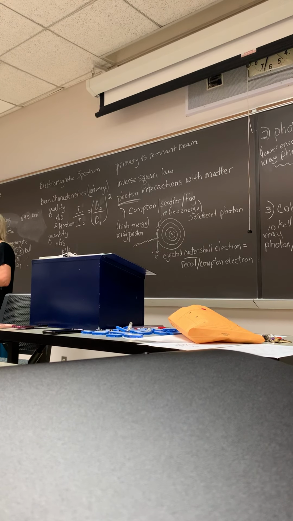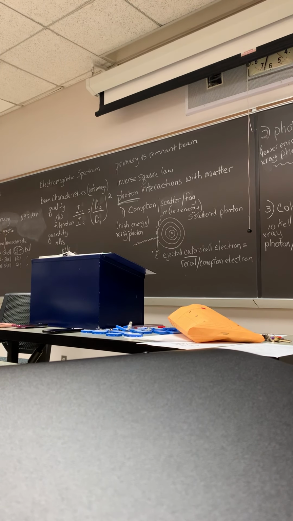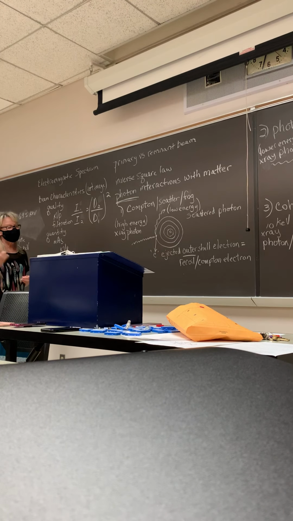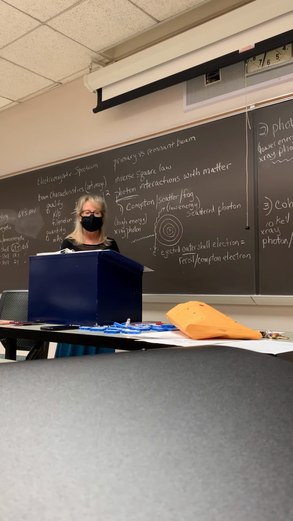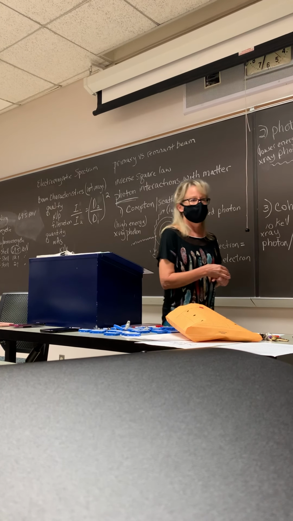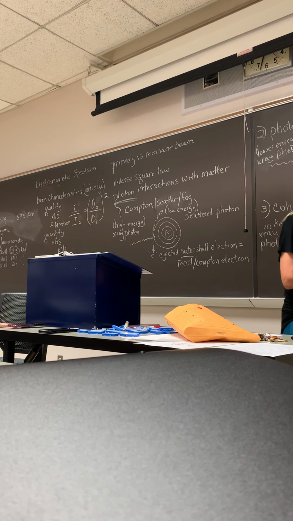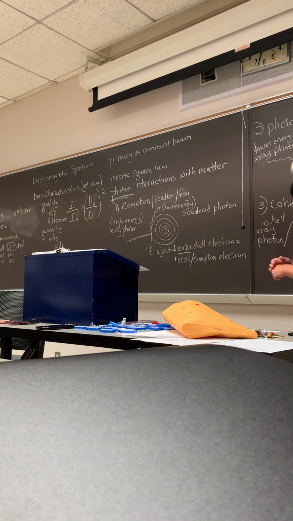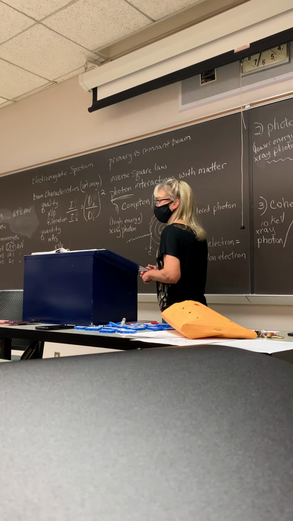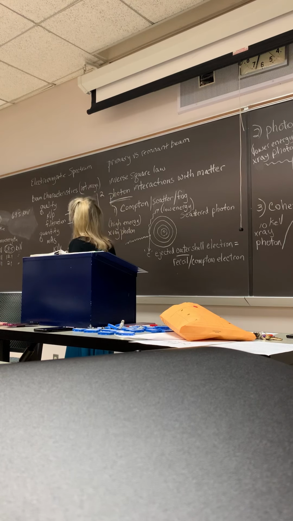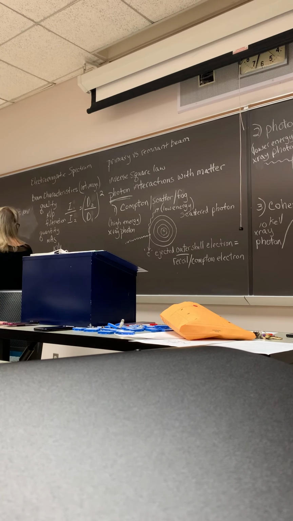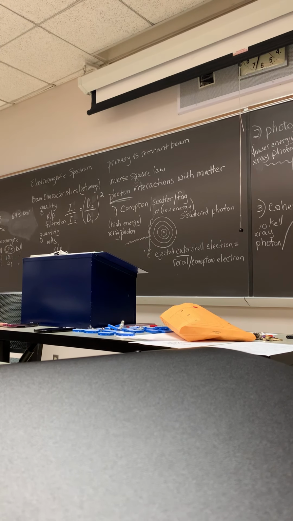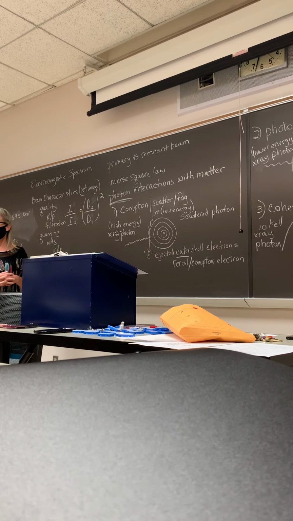The intensity of the beam is inversely related to the distance squared. Can you say that one more time? The intensity of the beam is inversely related to the distance squared.